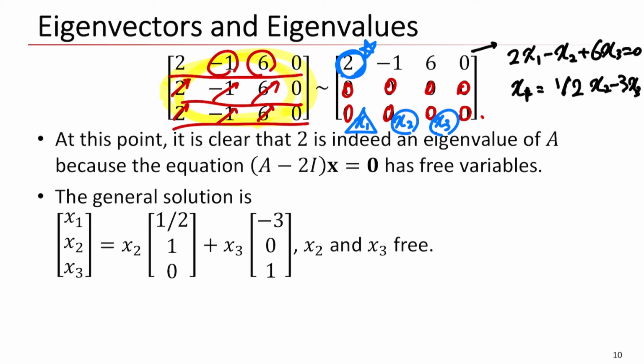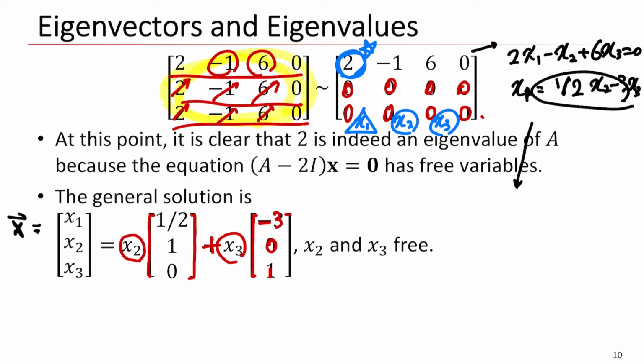So in here, okay, we can represent the solution vector x with x1, x2, and x3 as each element, and from this one we can represent x2 times the vector (1 over 2, 1, 0), plus x3 times the vector (negative 3, 0, 1), when x2 and x3 are free variables.